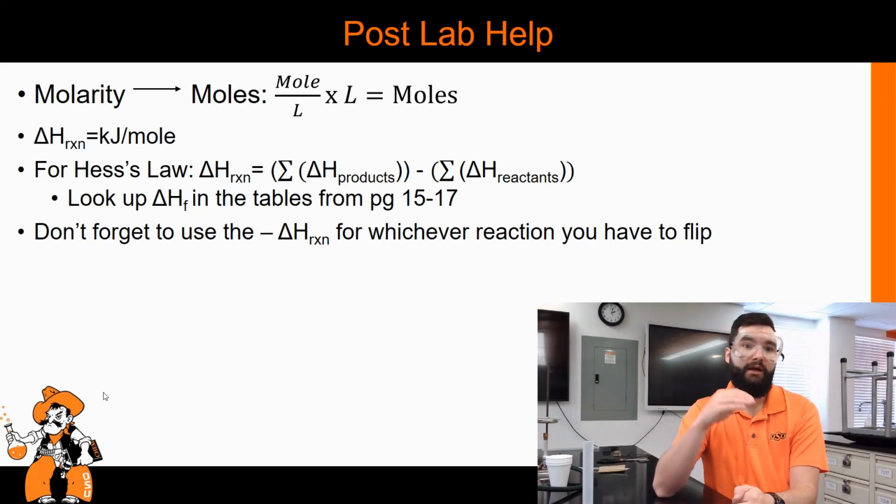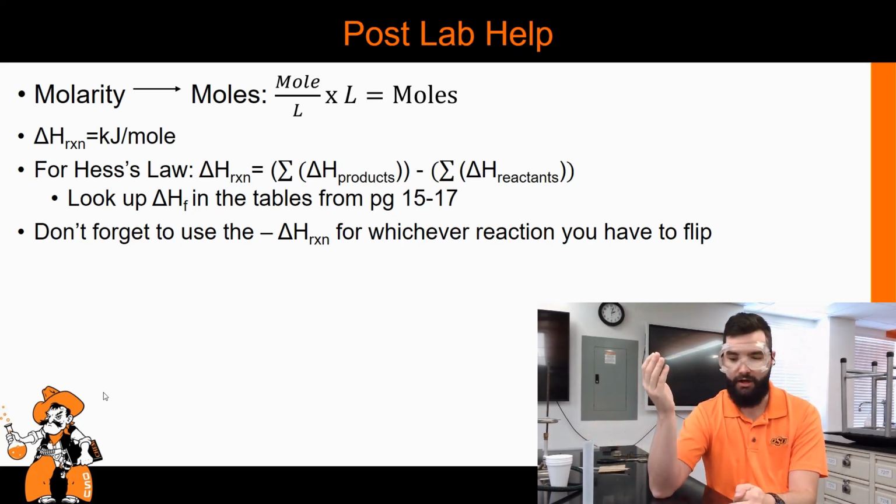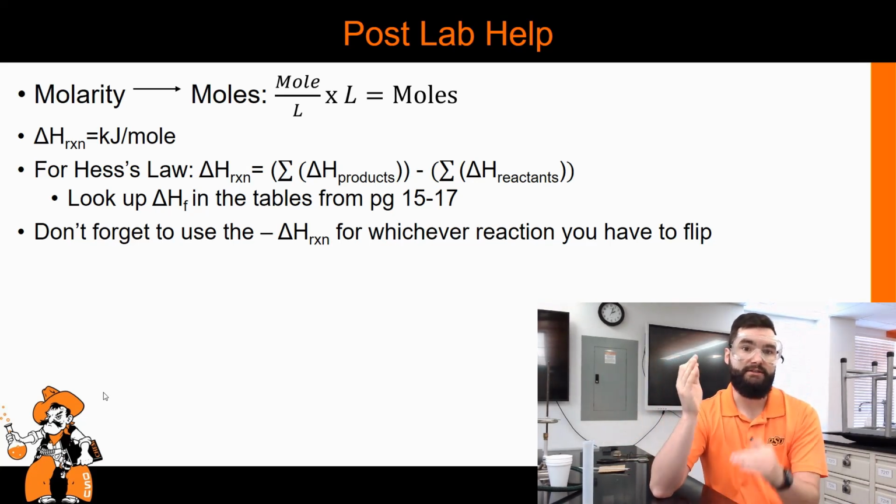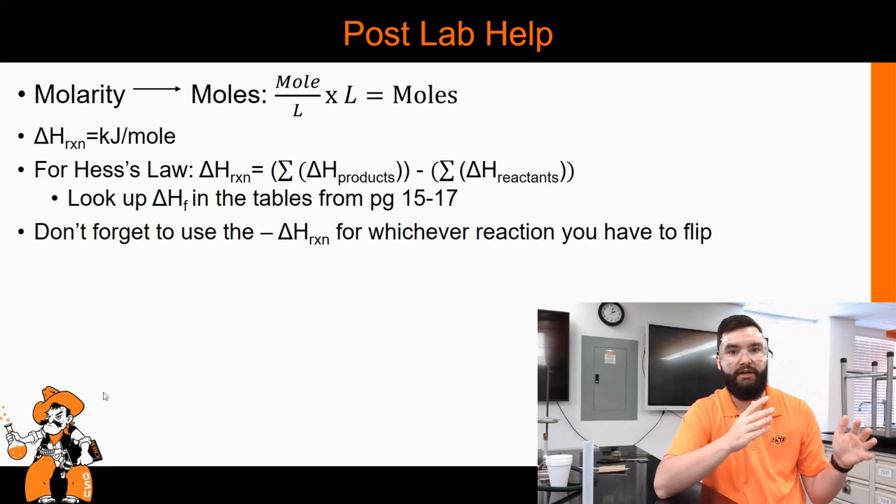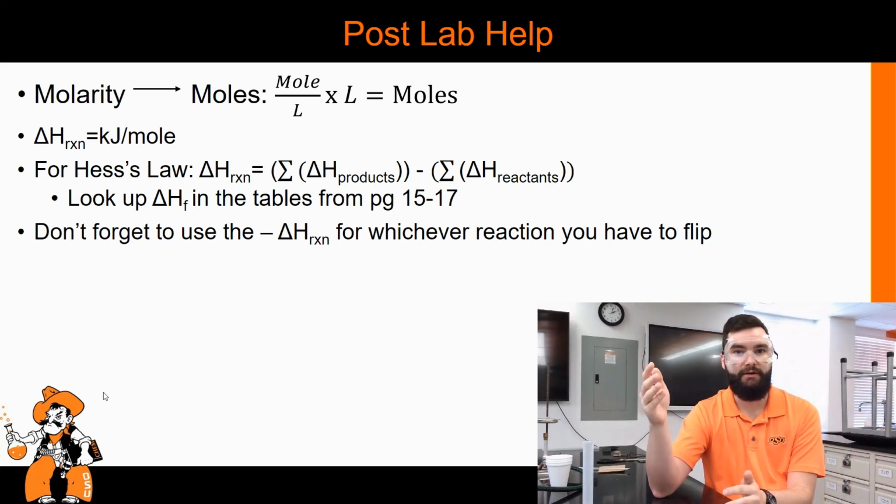All right. Number 3 here, you're using Hess's law. Hess's law, you take the sum of the delta H of formation of the products minus the sum of the delta H of formation of the reactants.